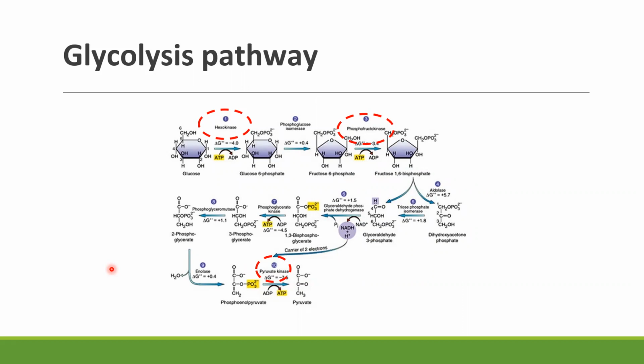So glucose 6 phosphate. Okay, now the glucose 6 phosphate is converted to fructose 6 phosphate. I told you that fructose and glucose are isomers. They have the same formula but a different structure, and the definition of isomers is important.